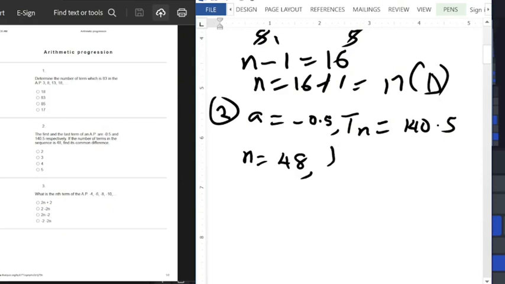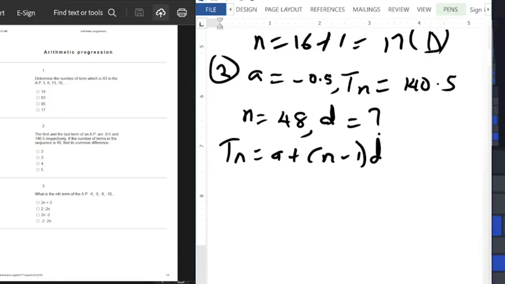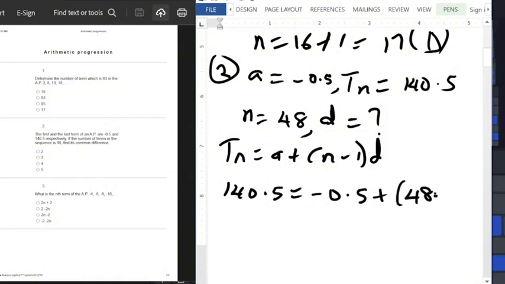So we are looking for d, which is unknown. We have the Tn formula equals A plus n minus 1 times d.